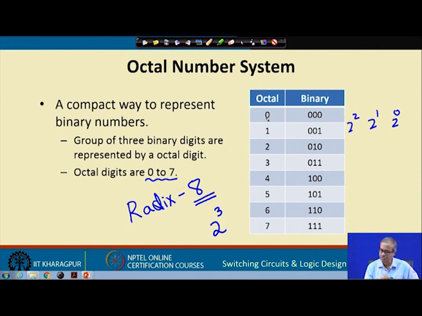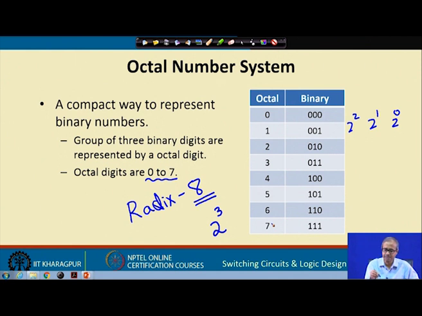So, 001, the last one is 1, it corresponds to 1. 010, the second one is 2. 011, second and third, 2 and 1, 3. 100, it is 4. 101, 4 and 1, 5. 110, 4 plus 2, 6. 111, all 3 are there, 7.